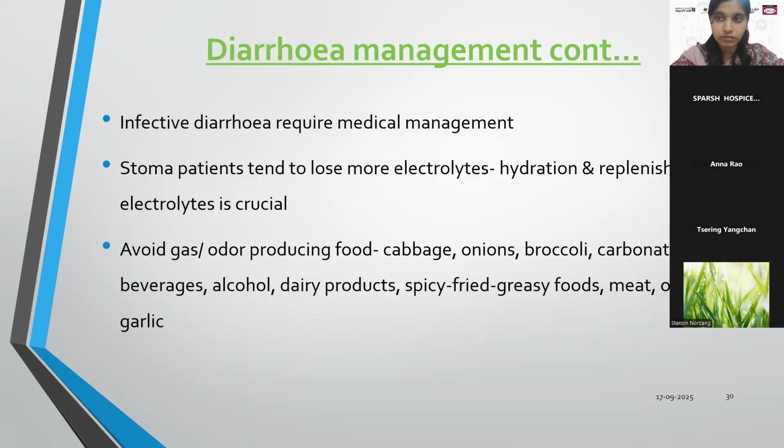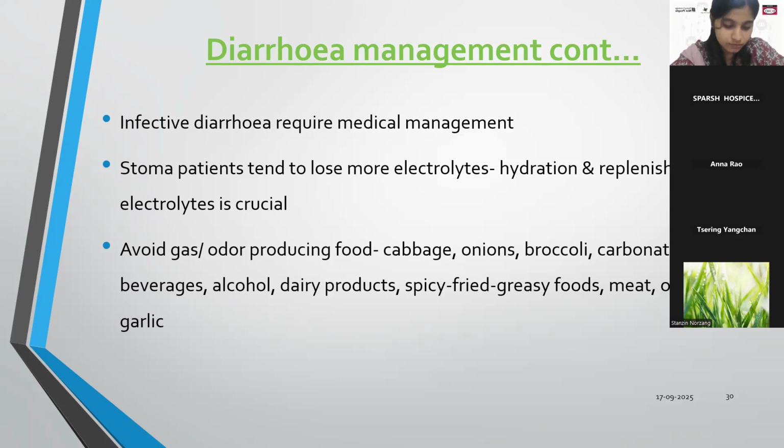Stress reduction techniques should be taught to the patient. Frequent and small diet should be given to the patient. Low fiber and high protein diet consisting of bland foods, they are very easy to digest and cause less GI problems. So such diet should be encouraged.